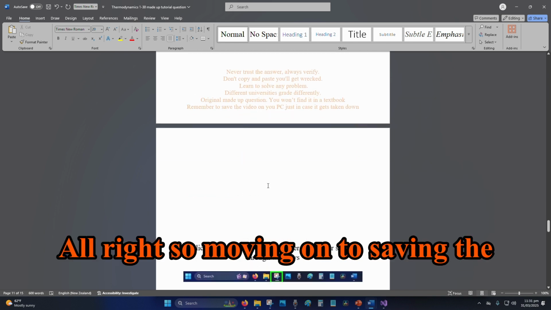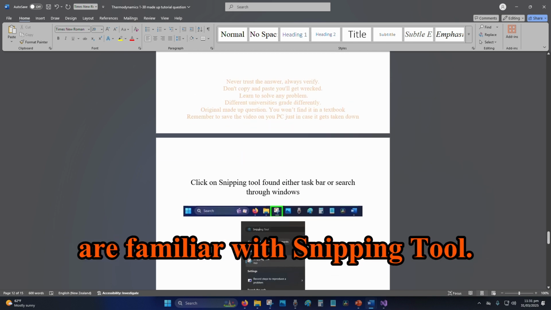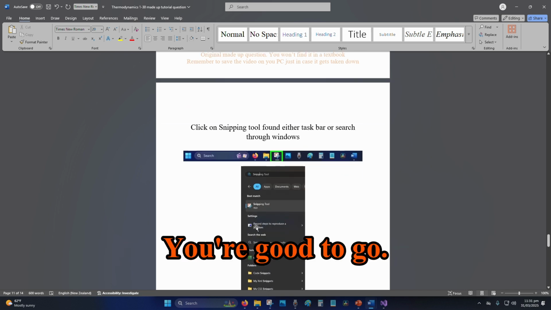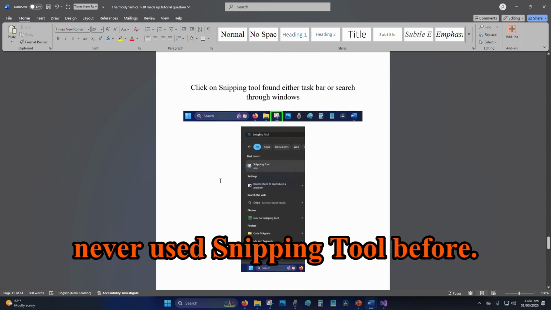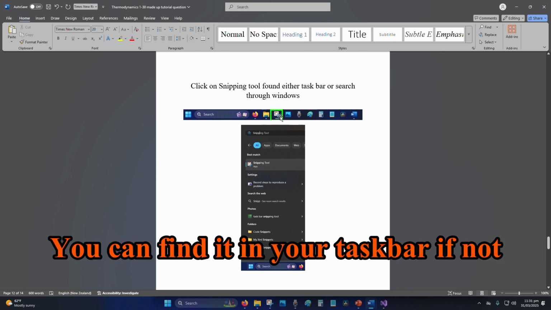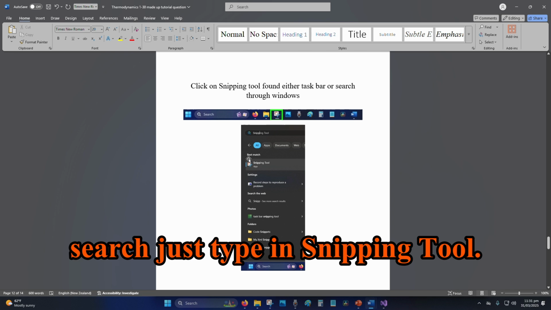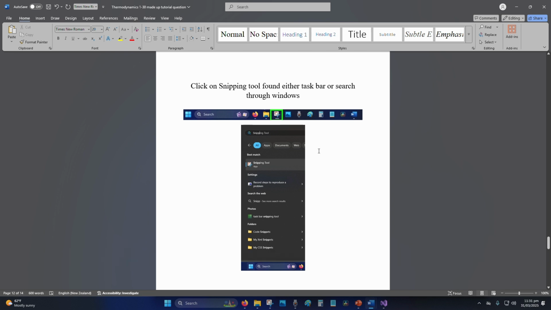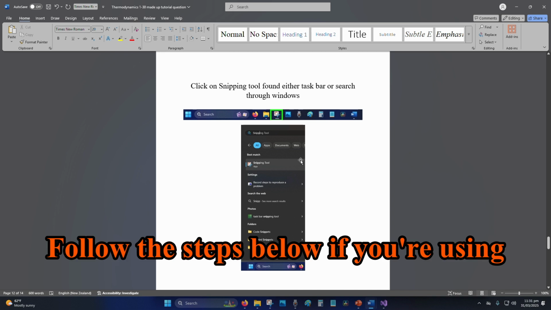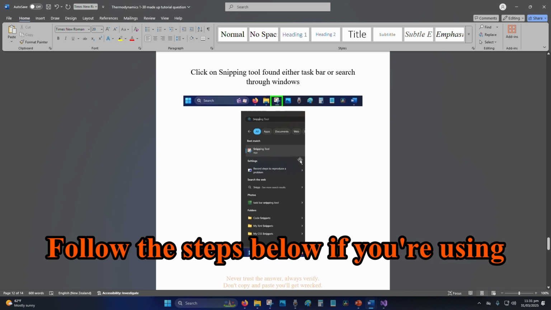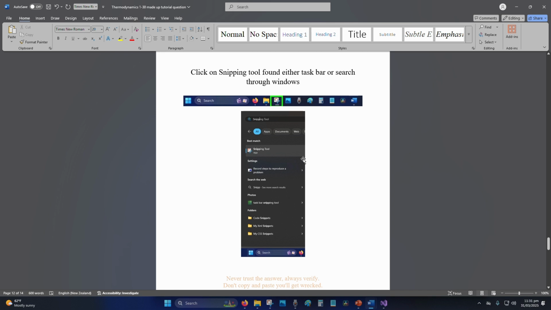Alright, so moving on to saving the video. For those of you that are familiar with Snipping Tool, you're good to go. You know what to do. For those that have never used Snipping Tool before, you can find it in your taskbar. If not taskbar, then it'll be in your Windows search. Just type in Snipping Tool. And from there, follow the steps below. If you're using Mac, just use your Mac equivalent.